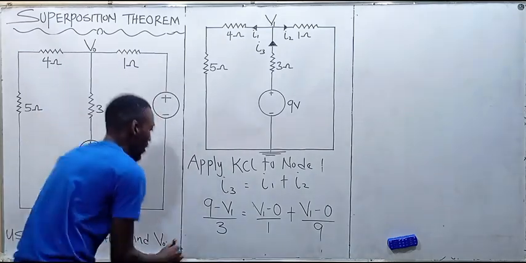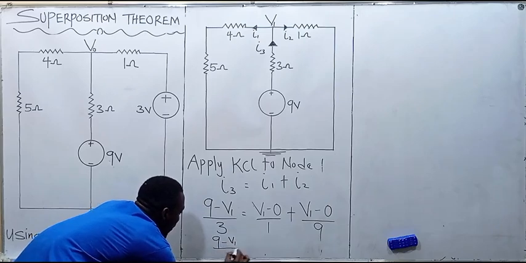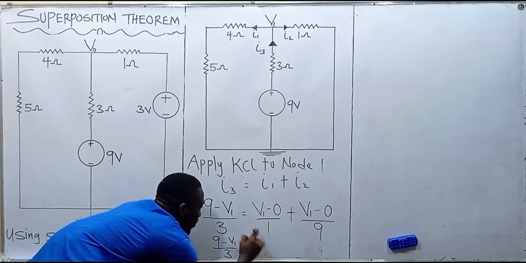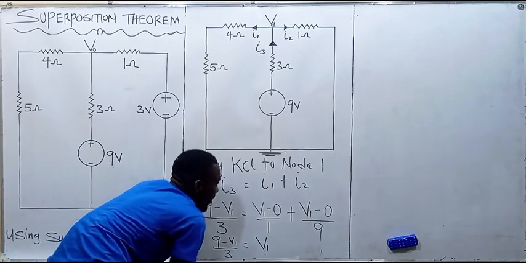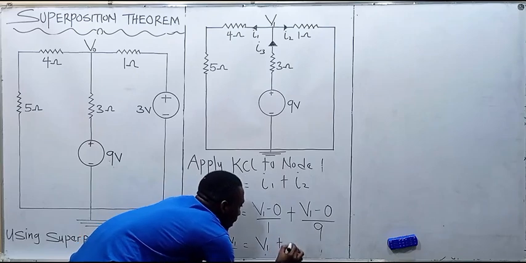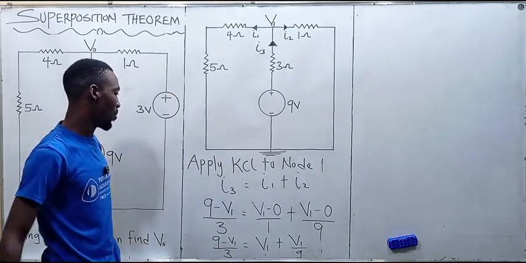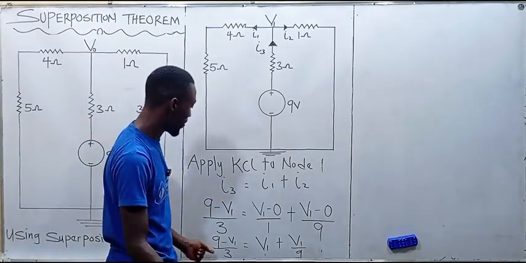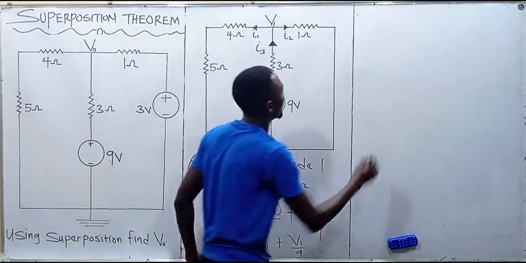This is going to be 9 minus V1 all over 3 equals V1 minus 0 over 1, which gives us V1, plus V1 all over 9. All right, so we can multiply through by 9. 3 in 9 is 3, then 3 times 9 is 27.